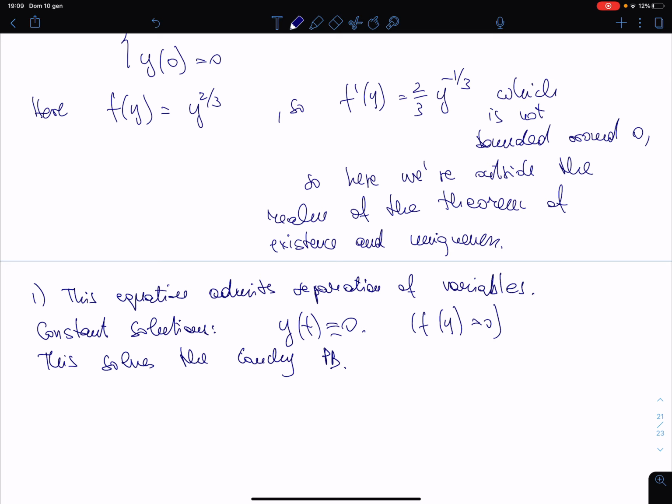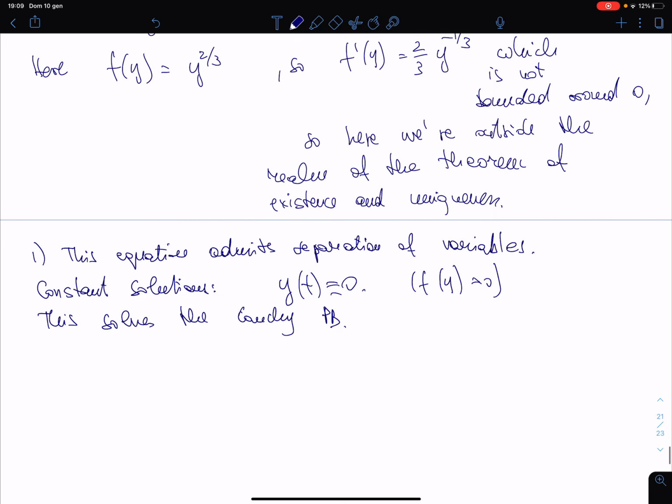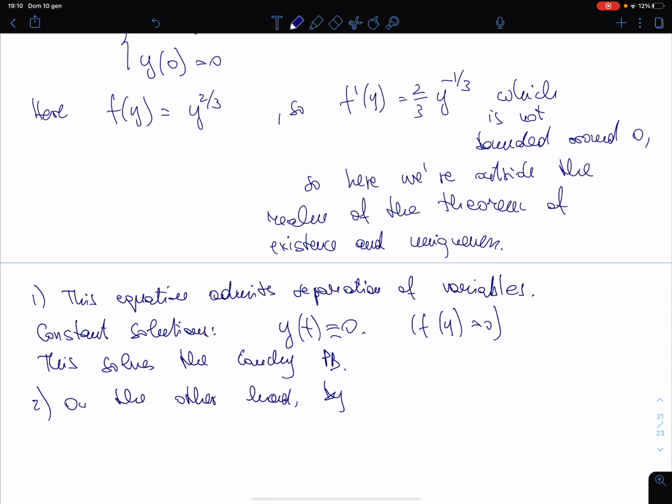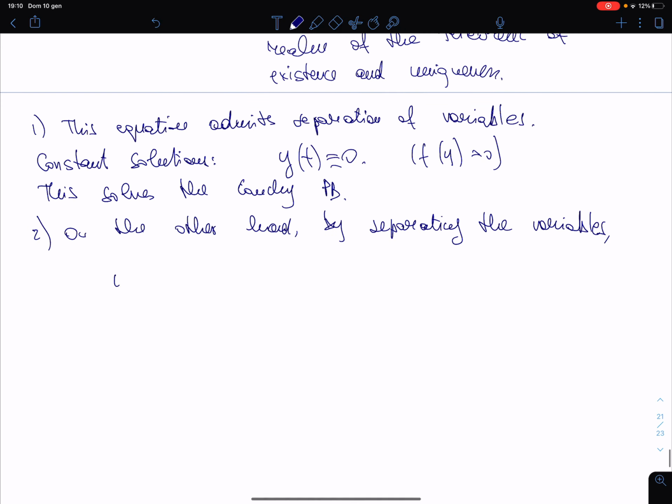But then you go with the separation of variables. On the other hand, by separating the variables, you get y prime times y to the minus 2/3 is equal to 1.